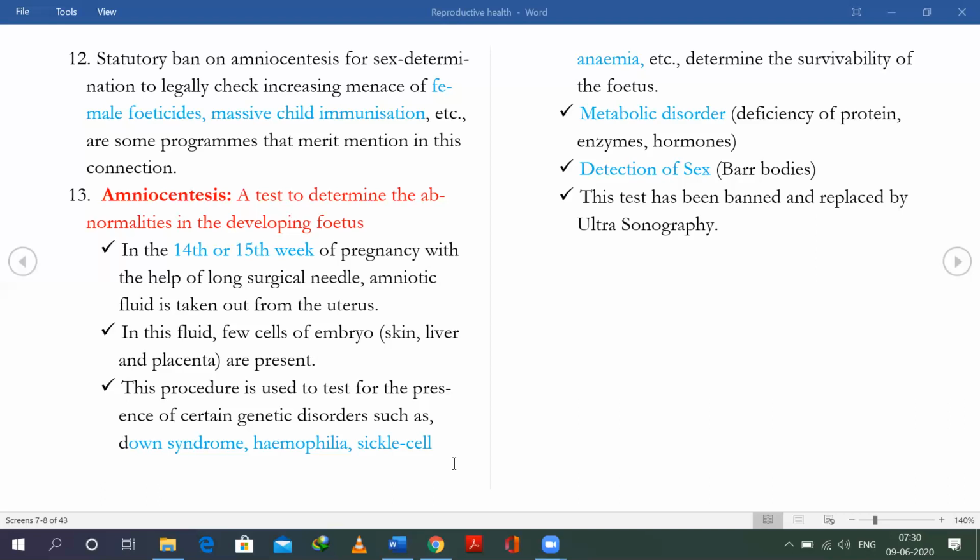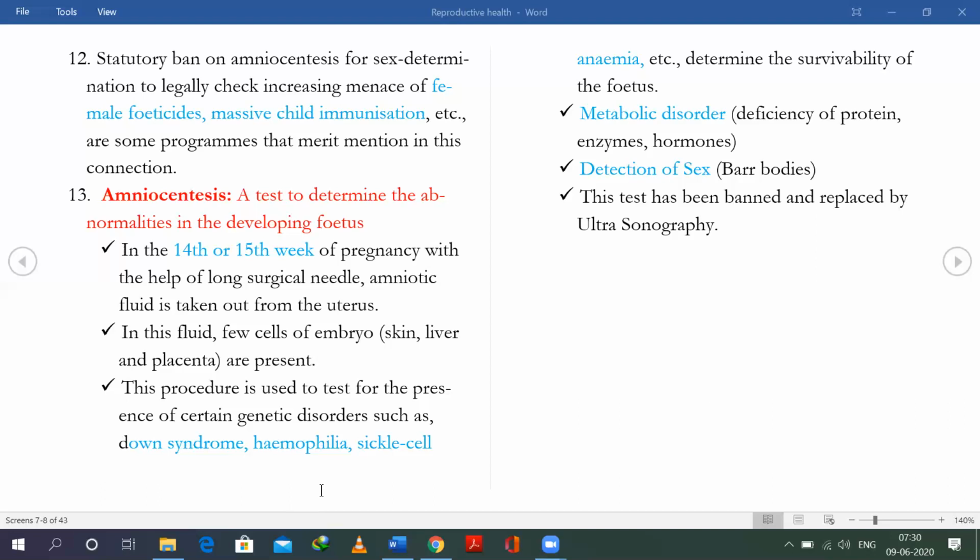Down syndrome is a condition where the child has a different number of chromosomes. Sorry, it's not less. It's a trisomic condition, so one chromosome extra will be there, in the 21st chromosome. So this child will have some complications.